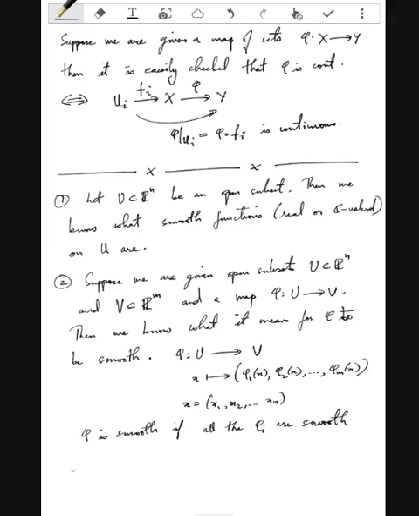So now suppose we are given the following data. One, open subsets U_i contained in R^{n_i}, for i in some indexing set.